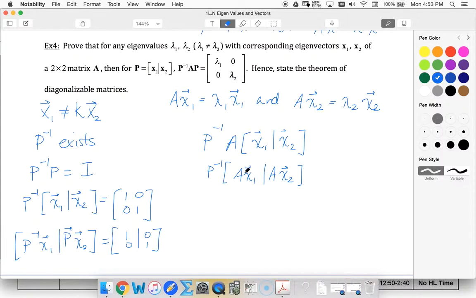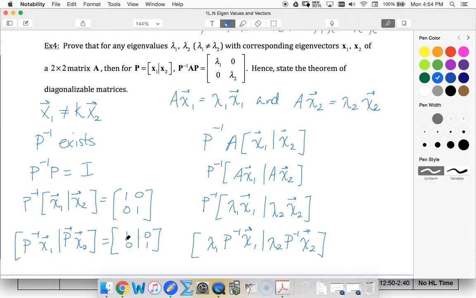That's going to give us lambda 1 x1 with lambda 2 x2. But since lambda is just a constant, then I can turn this into lambda 1 P inverse x1 augmented with lambda 2 P inverse x2.